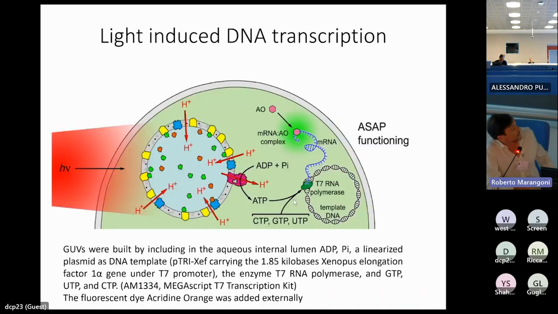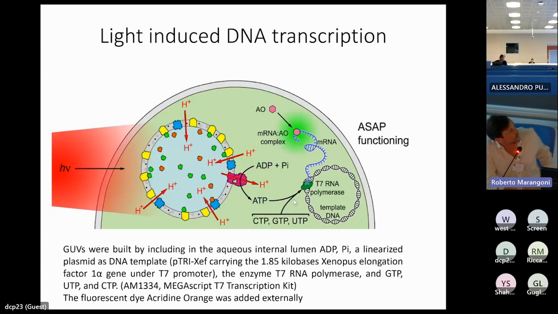So our final experiment was to demonstrate that the ATP that is produced, driven by light, by our chromatophores is able to sustain the transcription of DNA. So we encapsulate inside the giant vesicle the chromatophores and a kit for the transcription of DNA with everything necessary for the transcription except the ATP, because the ATP should be produced by the chromatophores.